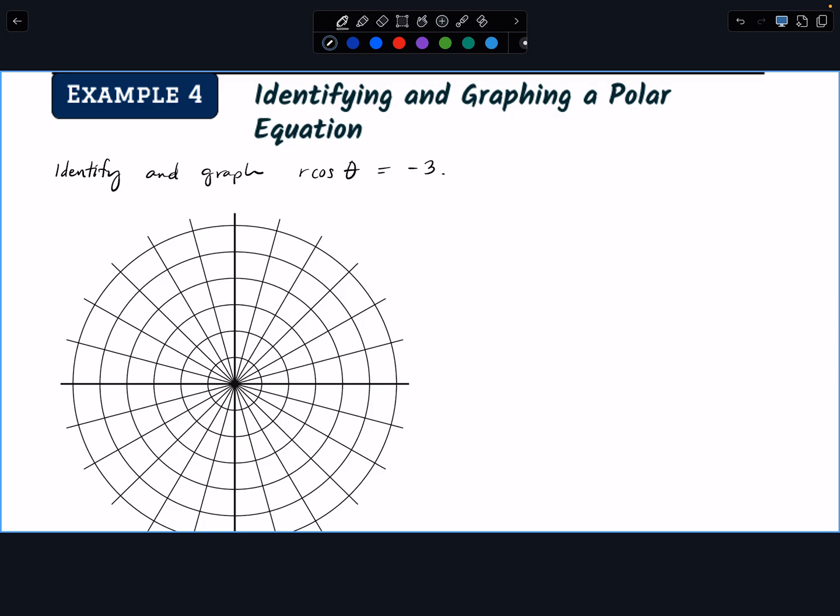Okay, same idea, guys. Is there another way I could write this? Yeah, this, remember, is just x. So I can just rewrite this equation as x equals -3.